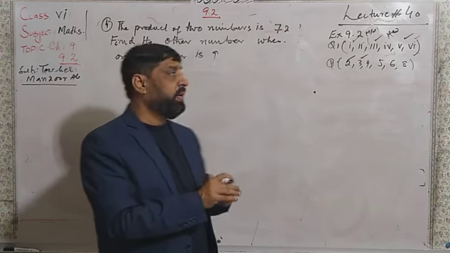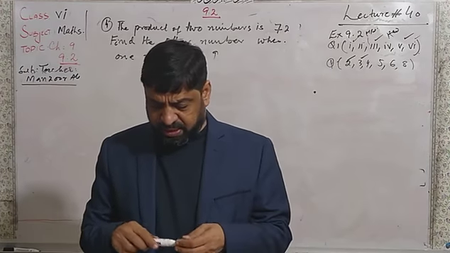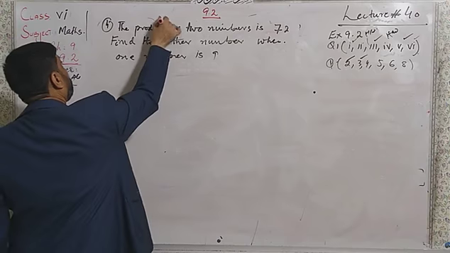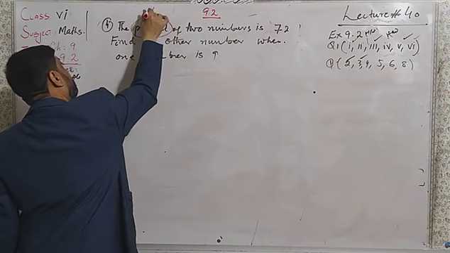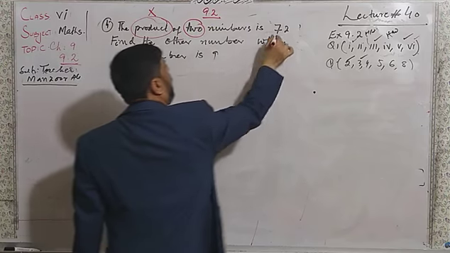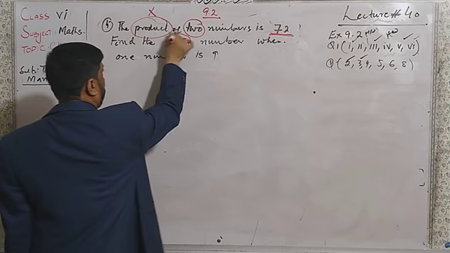What is the other number? It is a very easy approach. First we will understand what is meant by product. Product means multiply, and this is the result. He said find the other number.